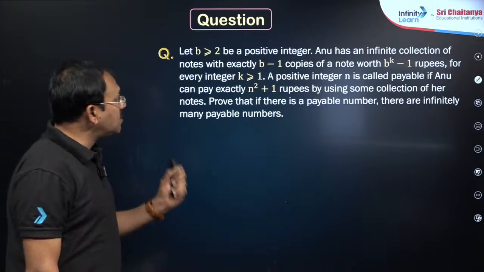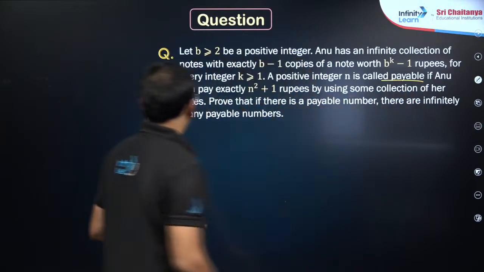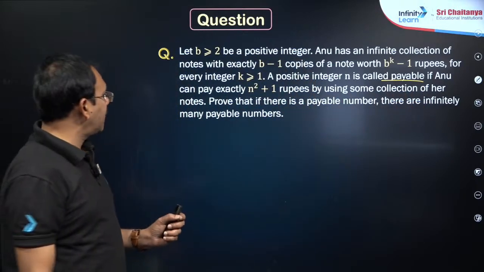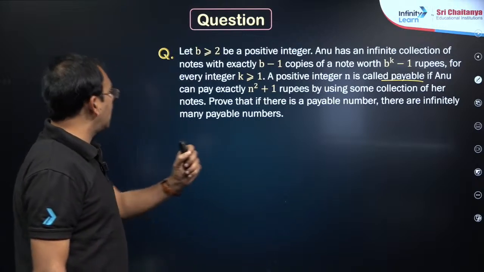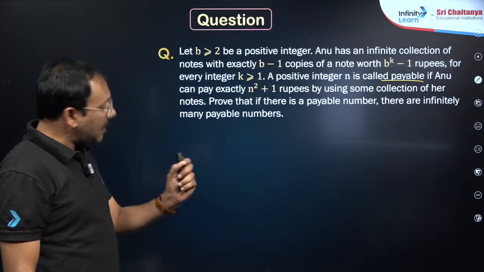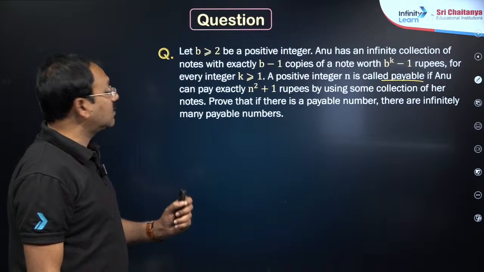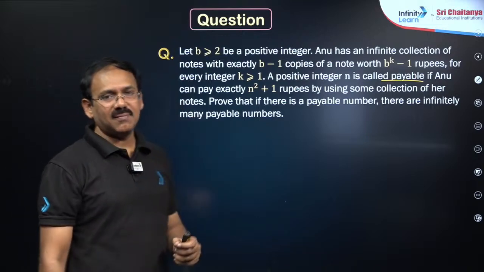A positive integer n is called payable if Anu can pay exactly n squared plus 1 rupees by using some collection of her notes. Okay. Prove that if there exists such a payable number, then there will be infinitely many such payable numbers.